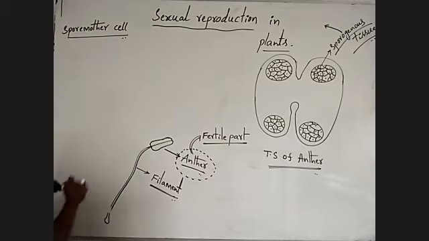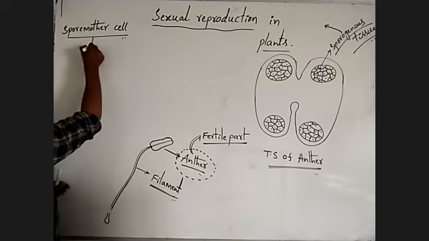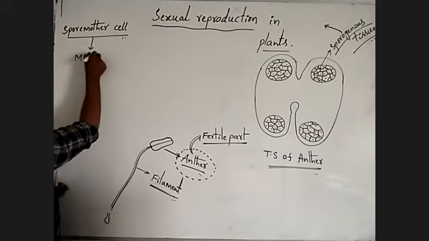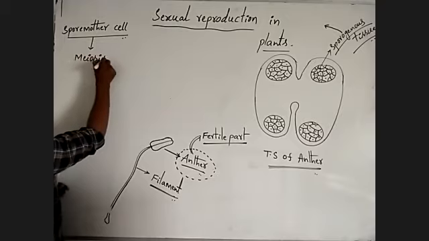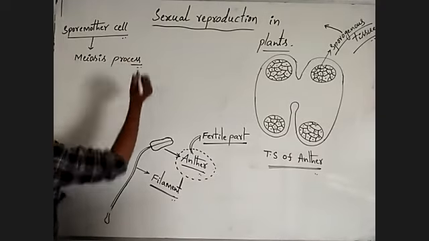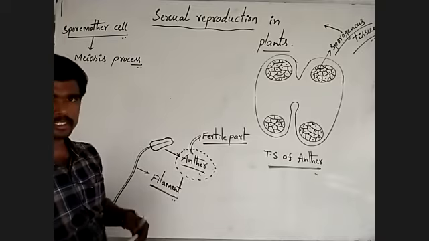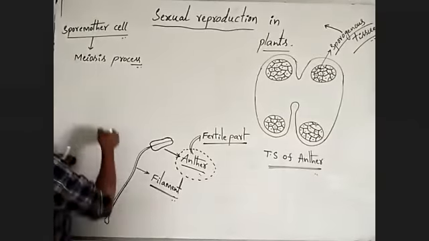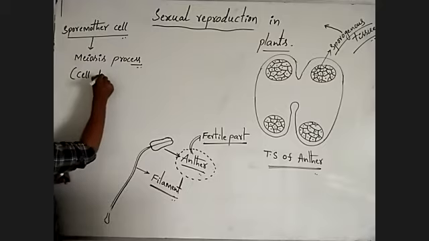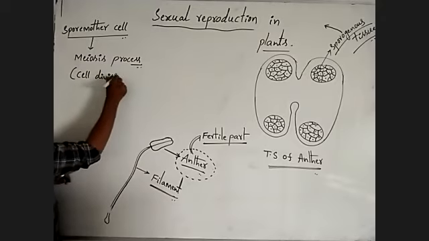Then all spore mother cells are involved in the meiosis process. What is meiosis? Meiosis means one type of cell division.